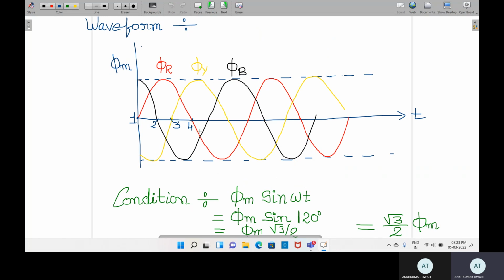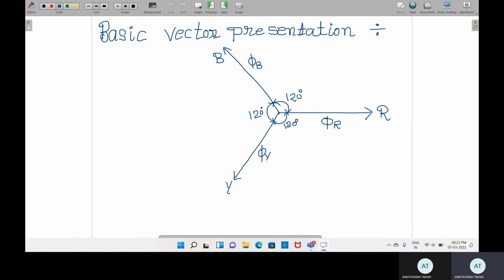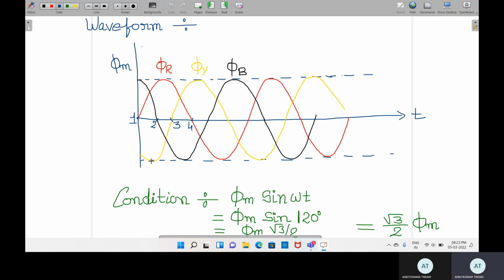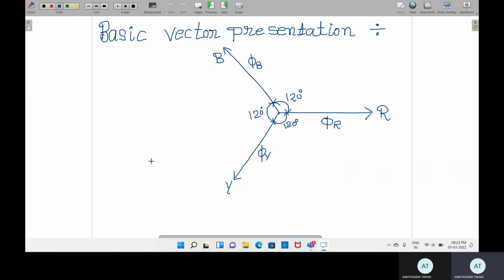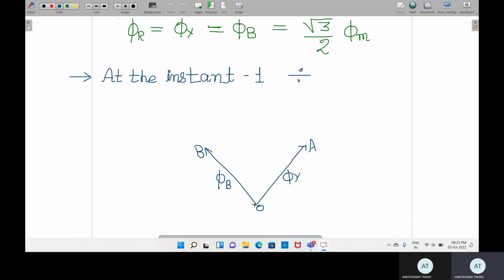So phi B has been drawn as it is, but phi Y has been reversed in the vector because it is in minus. Phi Y is in minus, so we have reversed it. Now we have two vectors, phi Y and phi B.